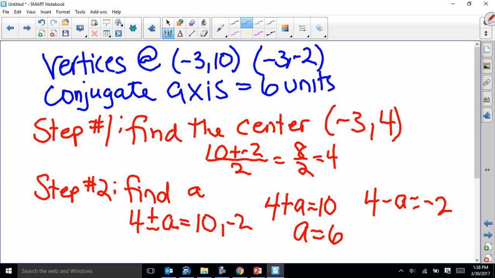We're given that the conjugate axis equals 6, and the conjugate axis has a length of 2 times b units. So this equals 2b, and you can use that to find our b.